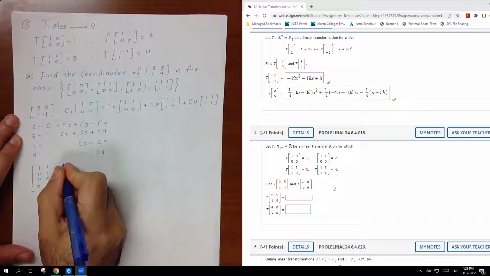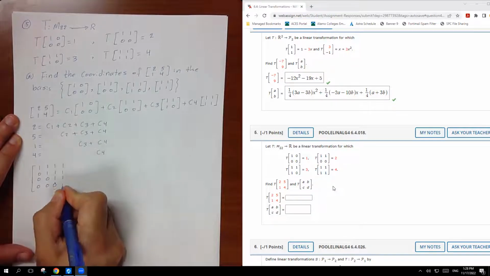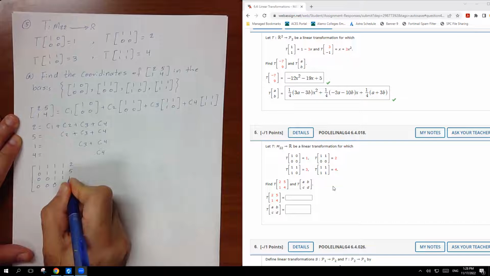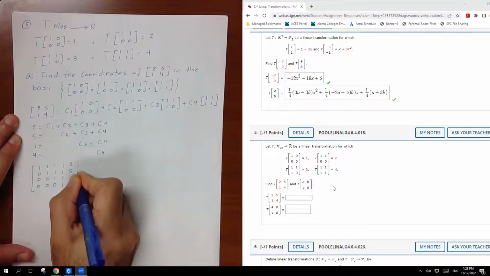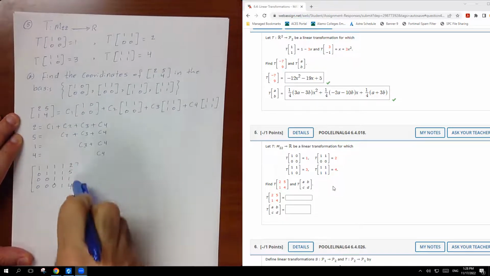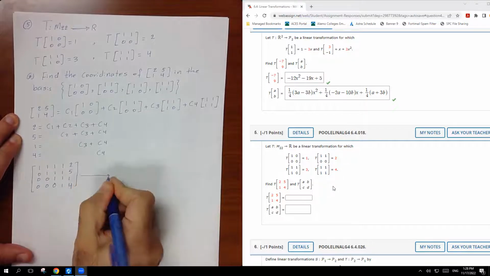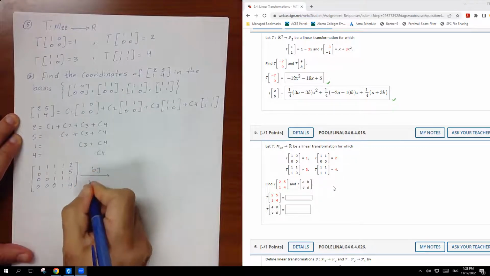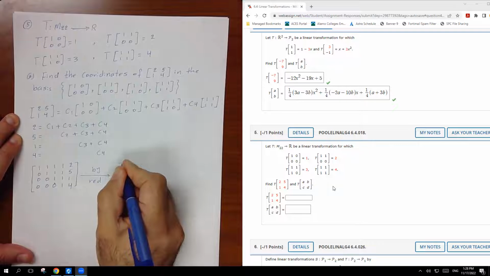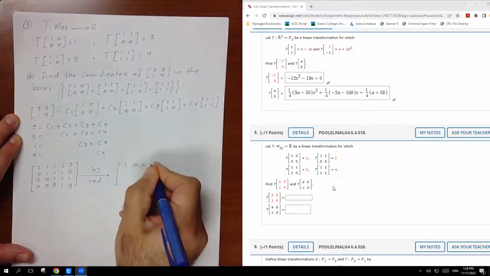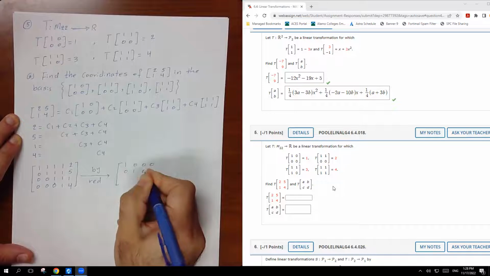And the last column is going to be 1, 1, 1, 1. Then it's going to be 2, 5, 1, 4. I'm going to do the reduction. The new matrix is going to be 1, 0, 0, 0, and 0, 1.